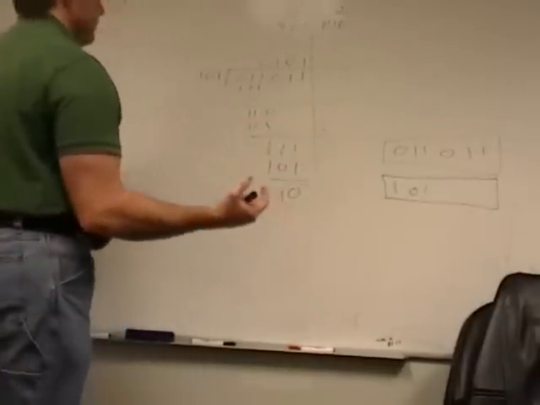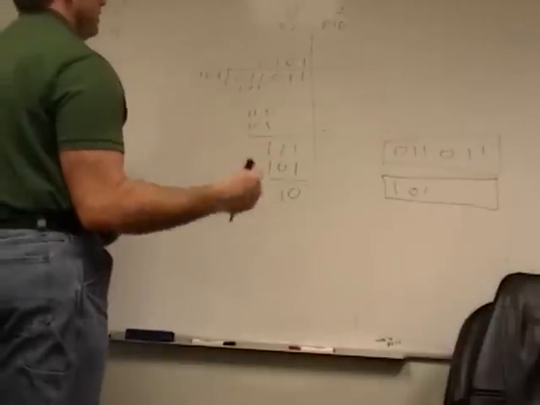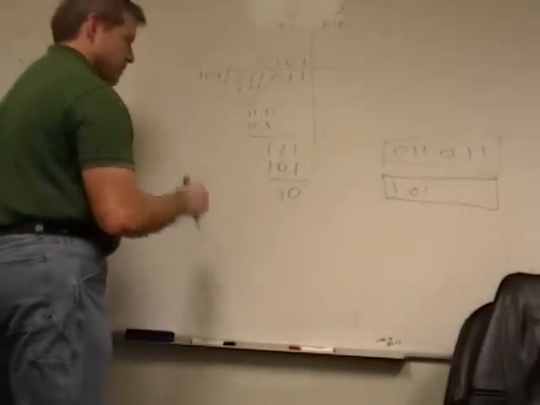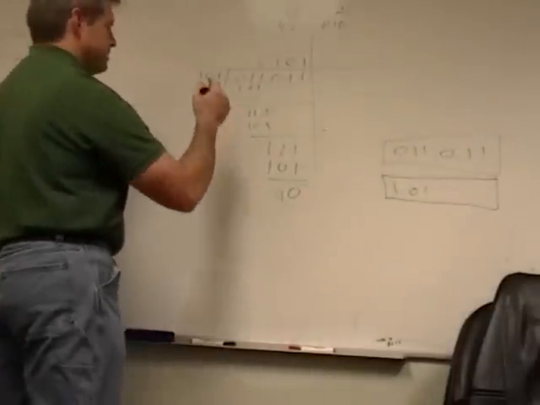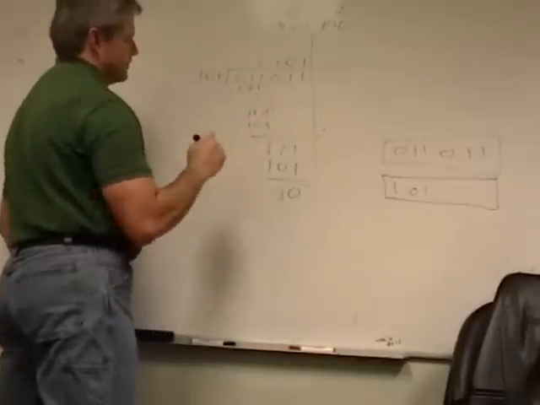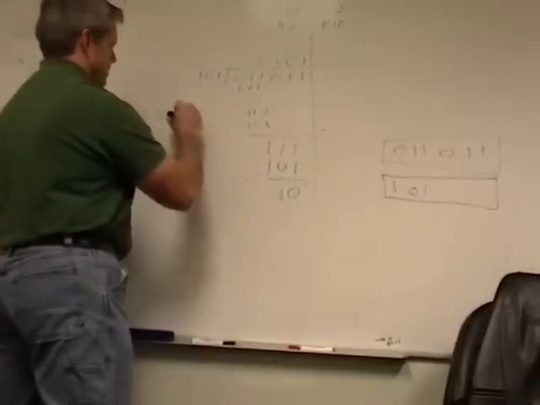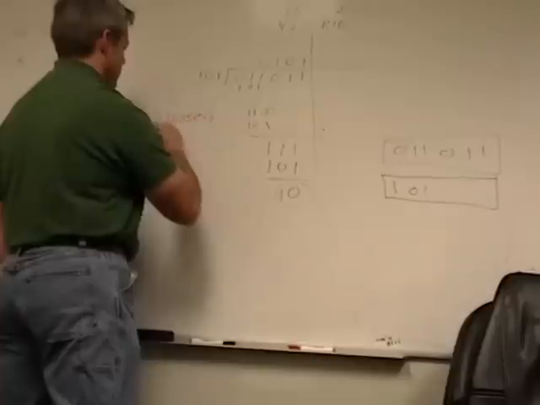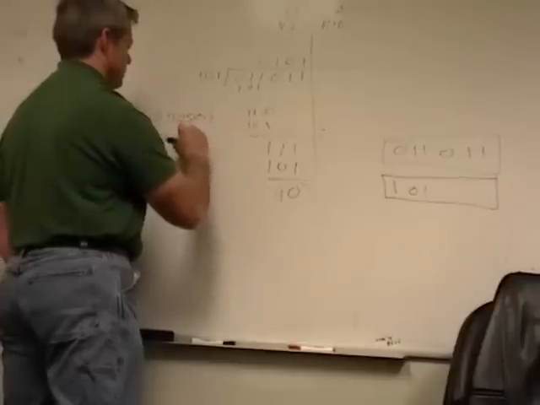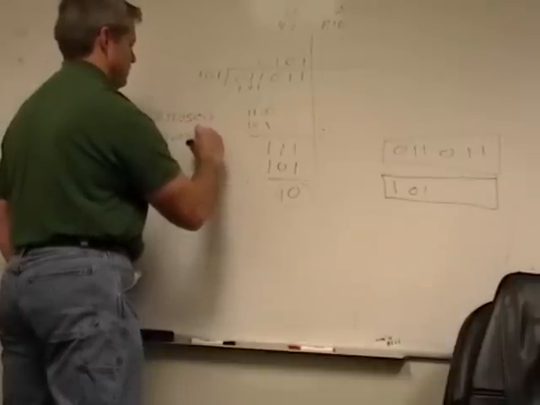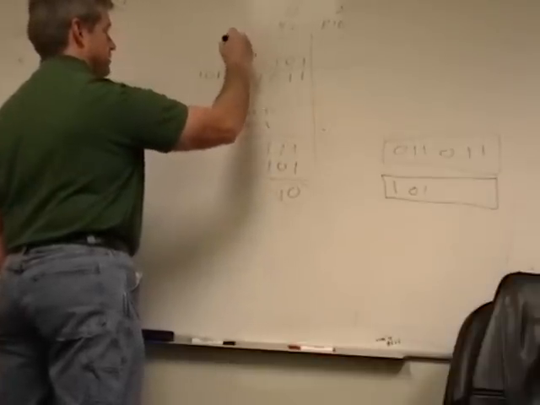So what do we got to do here to do this in hardware? The first thing is, when I first get my number in, I've got a divisor, and I've got a dividend, and I've got a quotient.